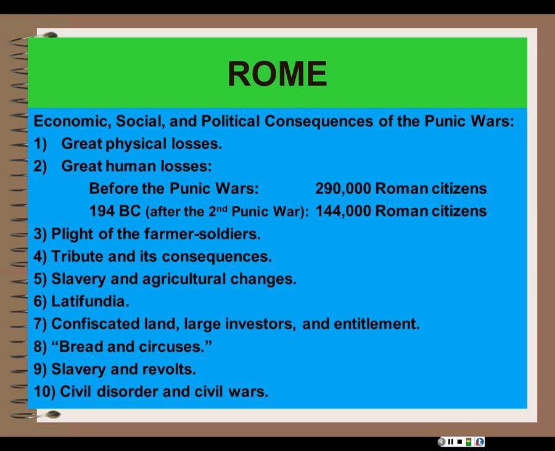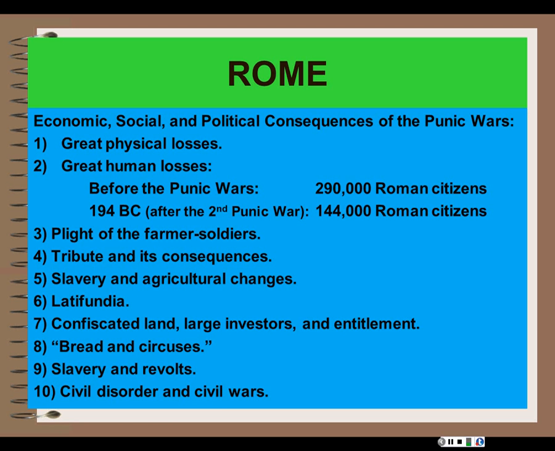And some of this latifundia was developing as cattle ranches or as large estates that grew things like olives and grapes. These large estates, these plantations, these big cattle ranches were owned by the wealthy, worked by slaves.